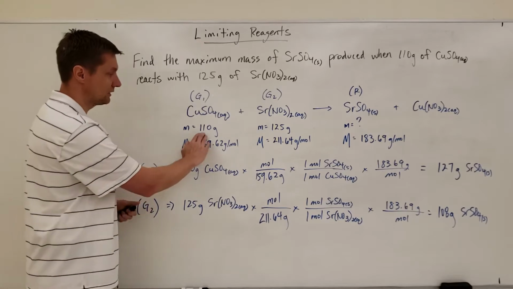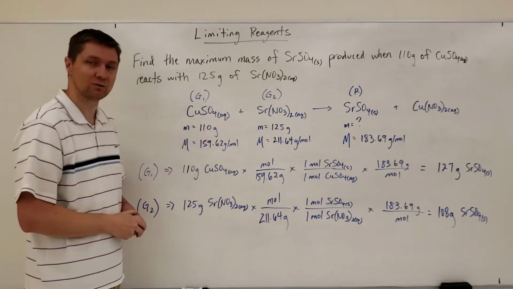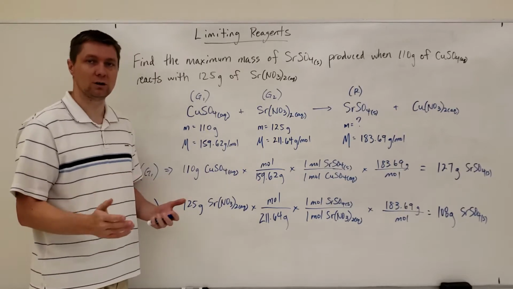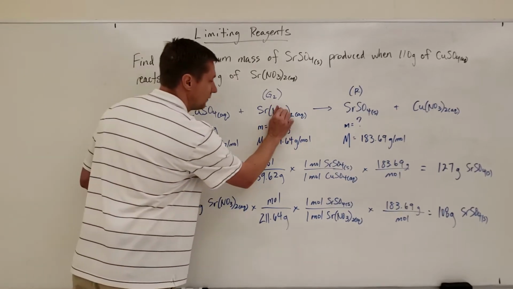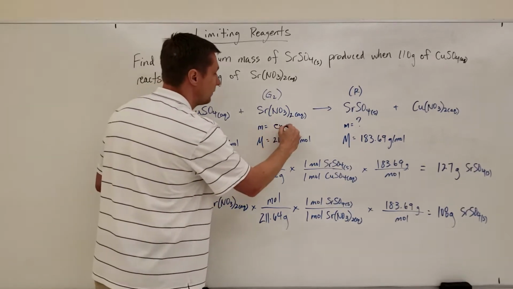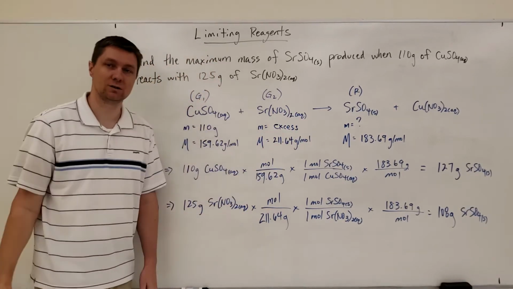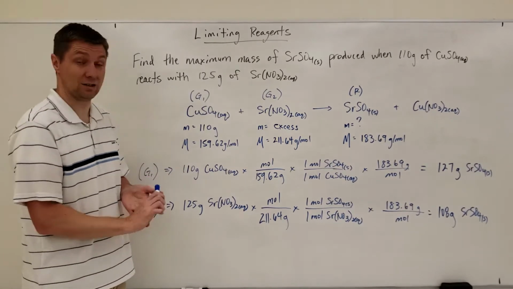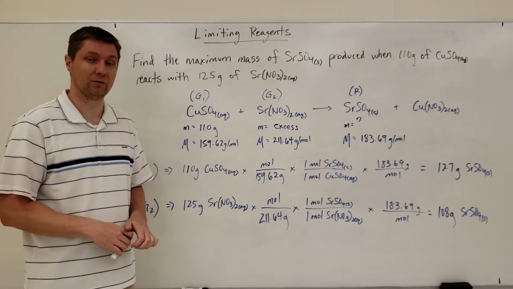So the way that I'm doing this stoichiometry is like this. I'm taking this 110 grams of copper(II) sulfate first, for example, and I'm going to do the stoichiometry assuming that I have an unlimited supply of strontium nitrate. Now, I know the question doesn't tell me that I have an unlimited supply. It tells me I do have a limited supply of 125 grams.